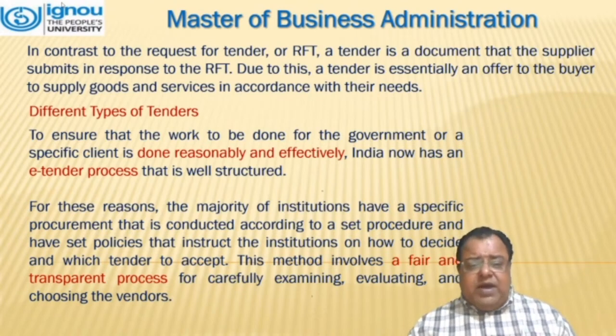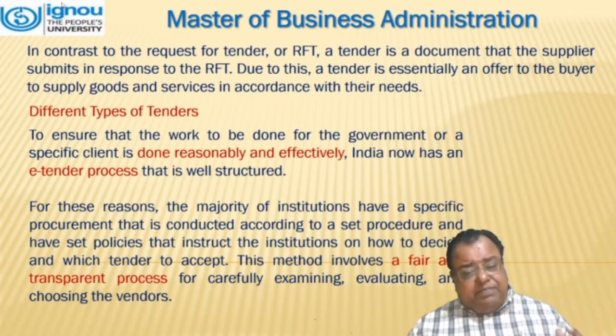To ensure that the work to be done for a government or a specific client is done reasonably and effectively, India now has an e-tender process that is well structured. For these reasons, the majority of institutions have a specific procurement that is conducted according to a set procedure and have set policies that instruct the institutions on how to decide which tender to accept.